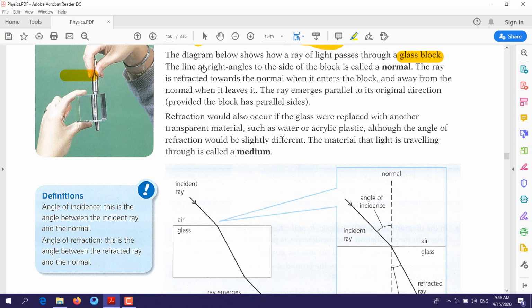The line at right angles to the side of the block is called normal. Okay, this is normal.